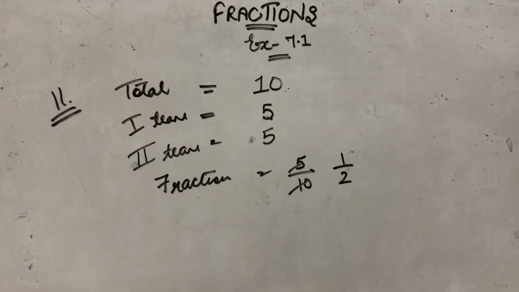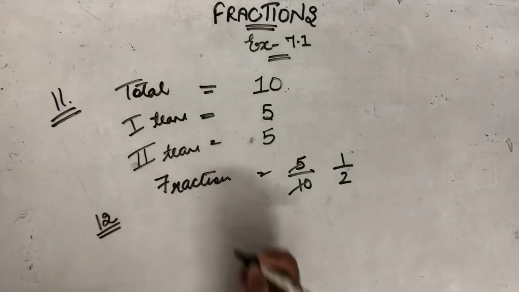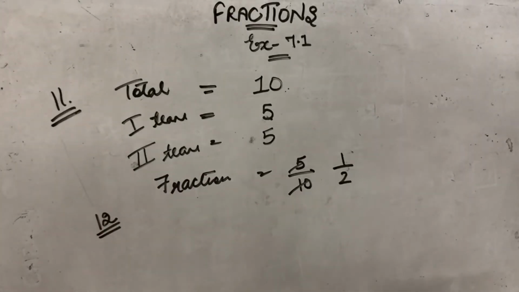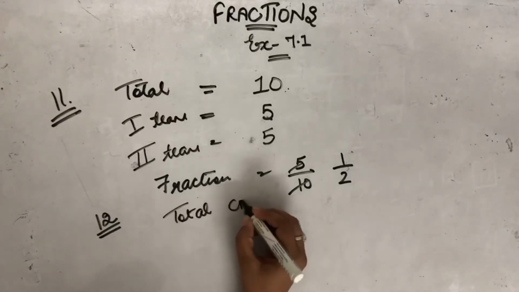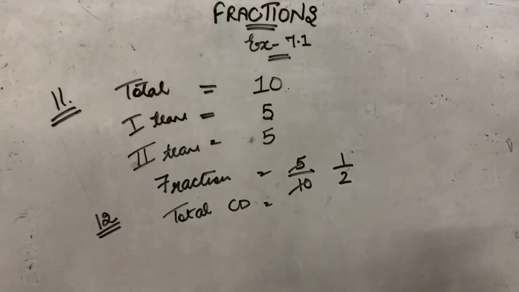Next 12th question. Kristen received a CD player for her birthday. She has been collecting CDs since then. She bought 3 CDs and received 5 others as gifts. What fraction of her total CDs did she buy? Now, the total number of CDs she has, 3 she bought and 5 received as gifts.